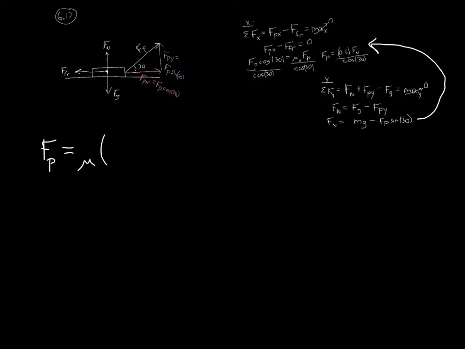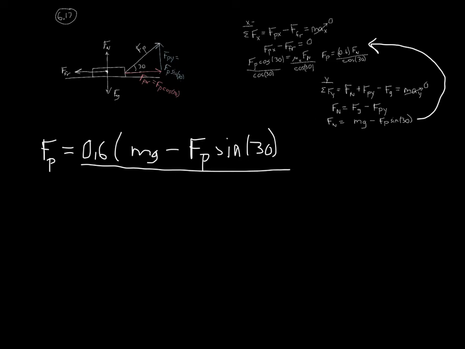We plugged in our numbers, didn't we? 0.6 times Fn, which is mg minus Fp times sine of 30, all divided by cosine of 30.